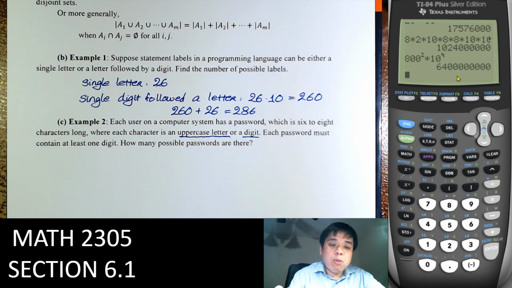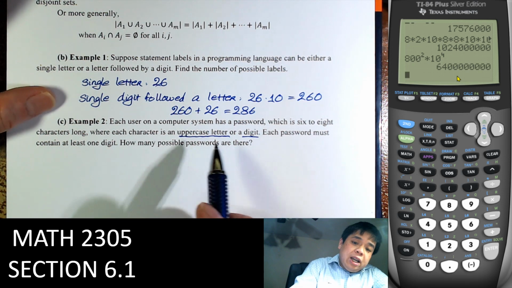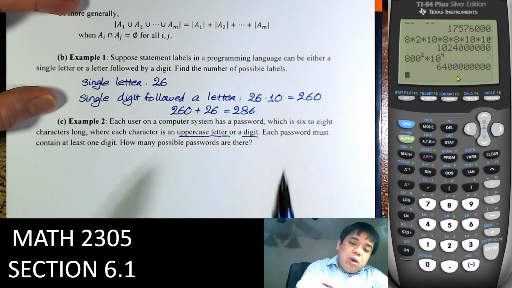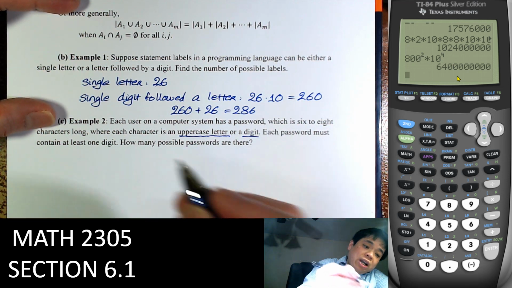How many possible passwords are there? Now remember we talked about the sum rule being for the addition of different cases. The product rule is just one case, multiplying every stage in that case. So in this problem we have the case of 6 to 8 characters long.